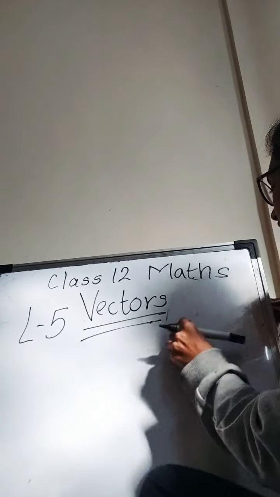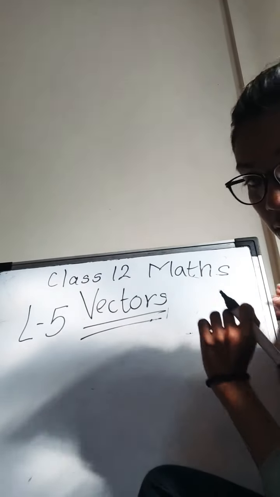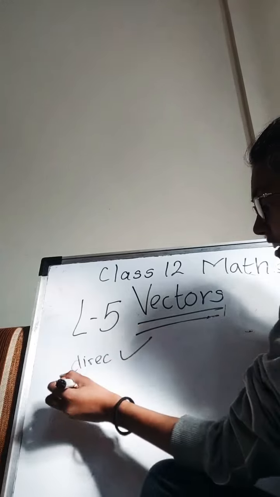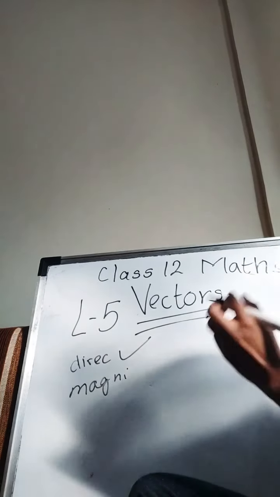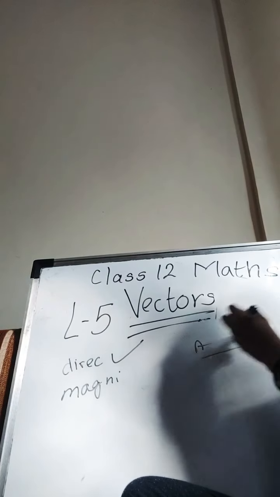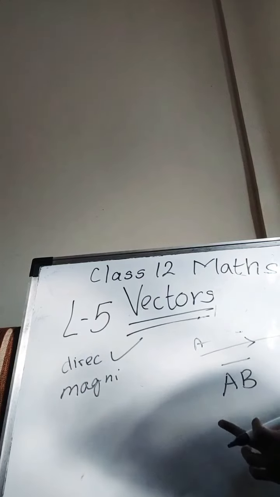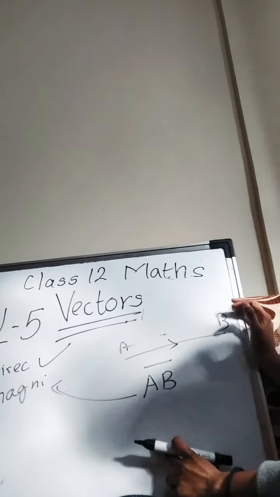Now as I was telling you about magnitude, direction you got to know. Now what is a magnitude? The size or length of this vector AB is nothing but its magnitude. Now how do we represent it?